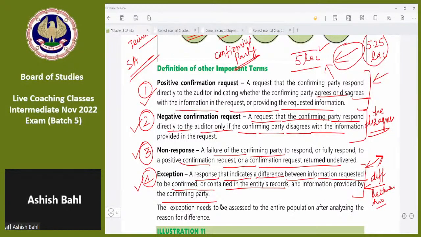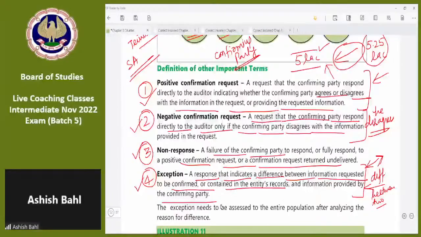I am asking the confirming party to respond only when he disagrees with me. So it is also a sort of non-response, but I am seeking a response from him only in a certain condition, if he disagrees with me. However, in the case of non-response, the party does not respond to me at all in case of positive confirmation request, because I have asked him to respond to my request.